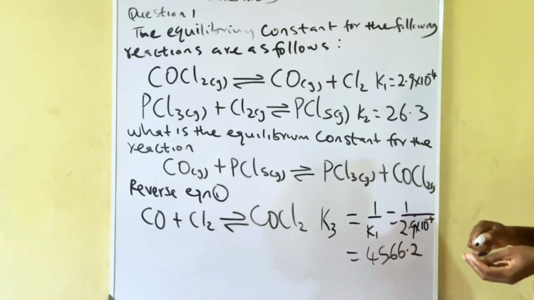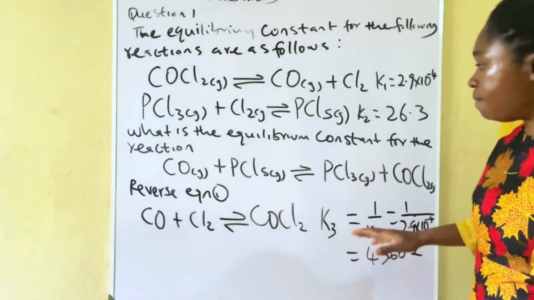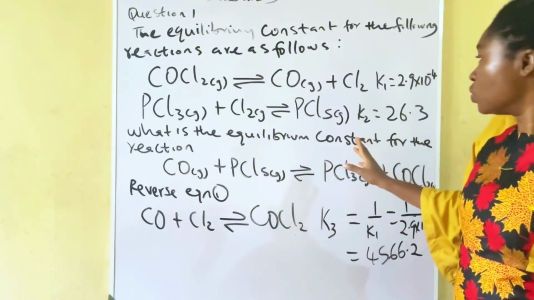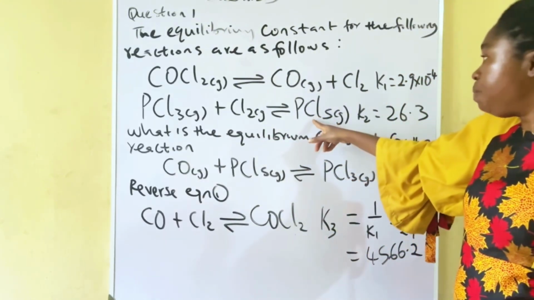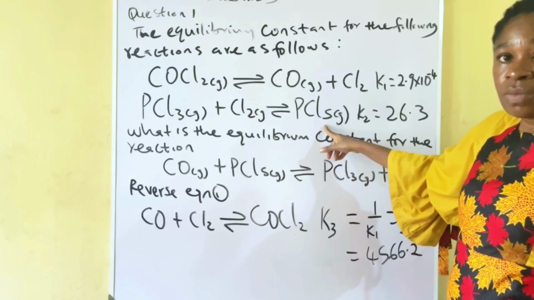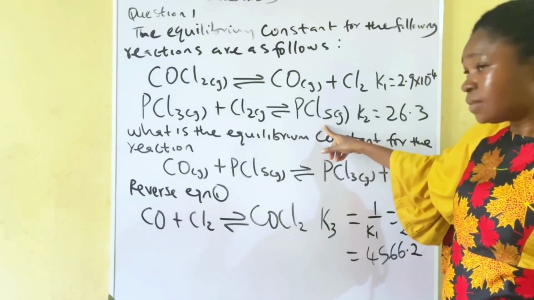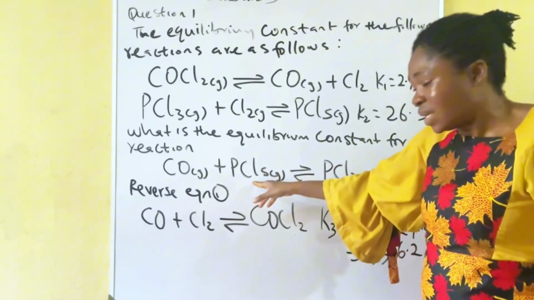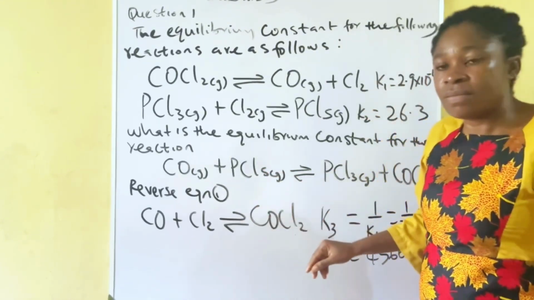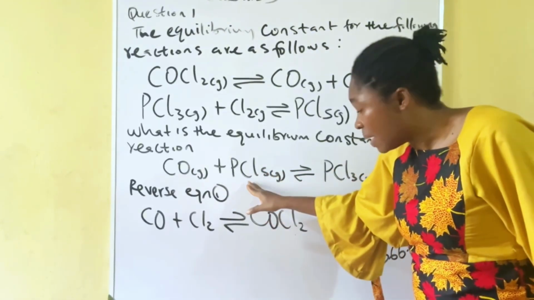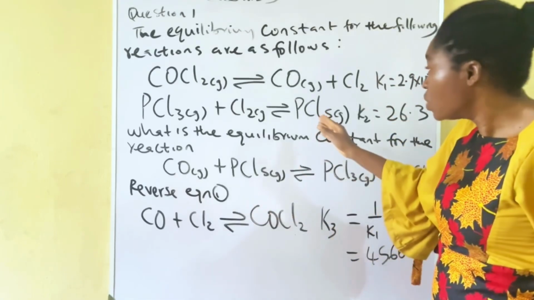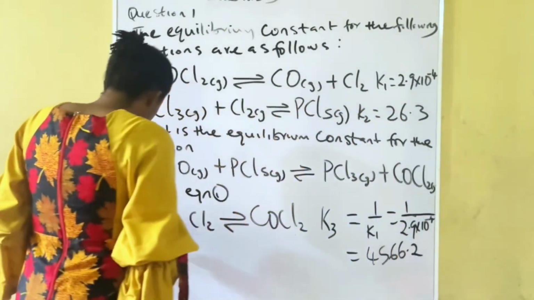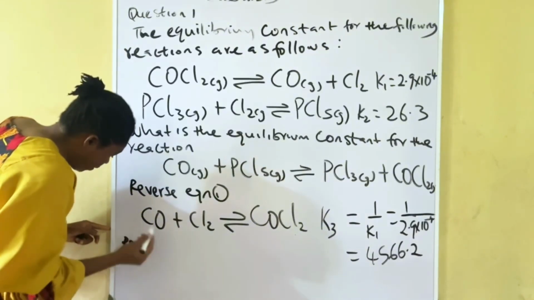This is not the final answer. So let's look at equation 2. In equation 2, you can see that PCl5, phosphorus pentachloride, is on the product side, but in the overall reaction, it appeared on the reactant side. So we're also going to reverse equation 2.